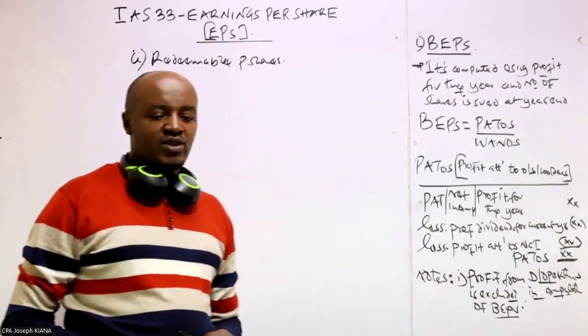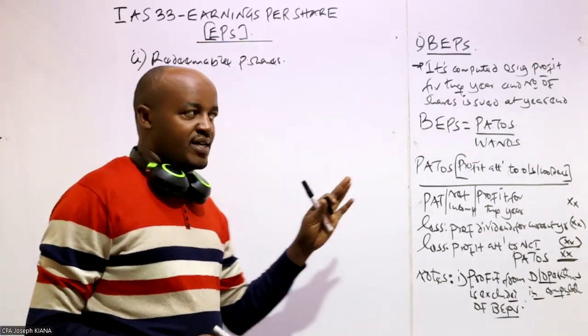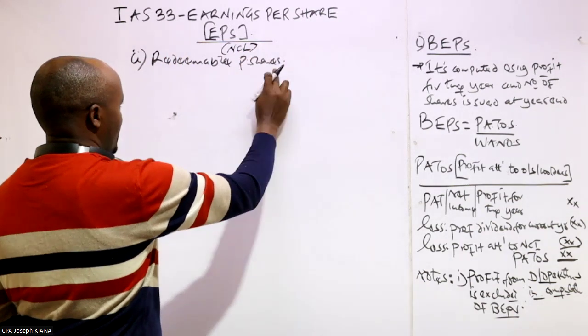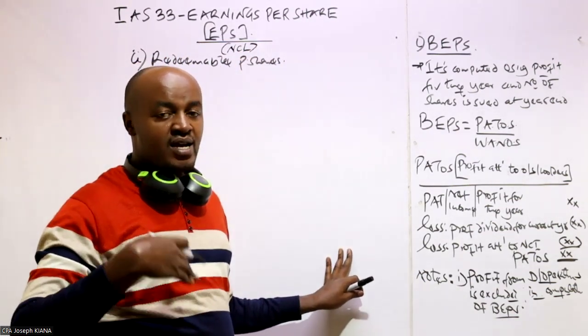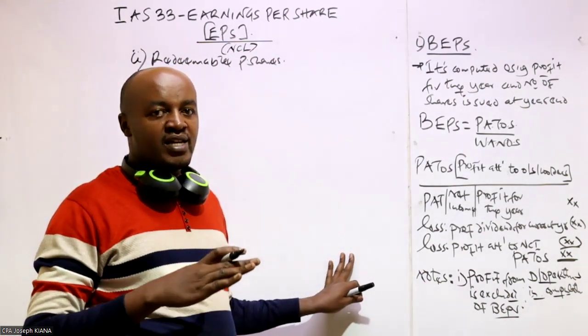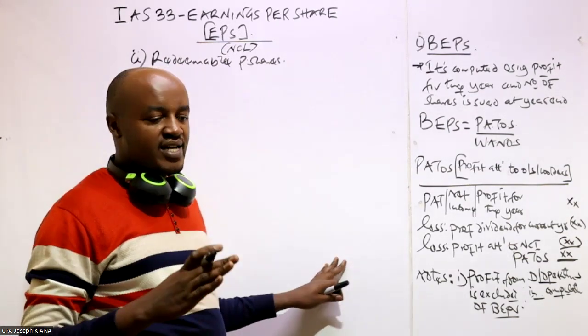Why? Because these redeemable preference shares, to the company, are non-current liabilities. These are preference shares which have been issued by the company, and the company is supposed to redeem them. It's supposed to buy them back after a given period of time. Therefore, they're equivalent to debentures, they're equivalent to bonds. So that's why we are saying they are non-current liabilities.